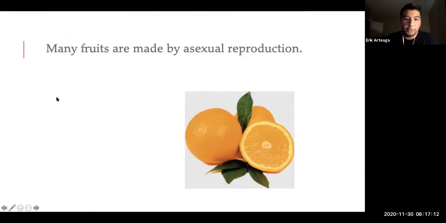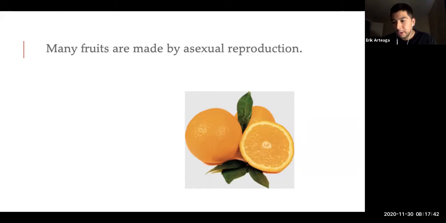Many fruits are made by asexual reproduction. Believe it or not, navel oranges are not able to be fertilized, so they have to be grafted in order to have the fruits produced. They take a clipping or cut of a navel orange tree, and then they glue it onto another stump of a different tree. This is how they actually make navel oranges. It's called grafting.